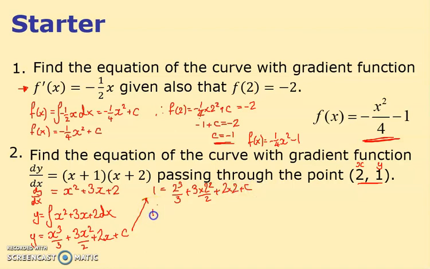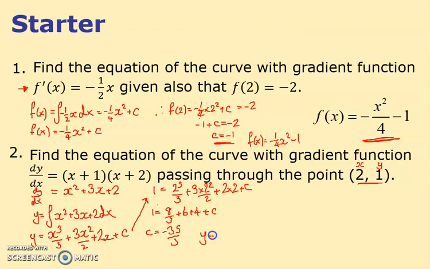So what's that? 1 equals 8/3 plus 6 plus 4 plus c. I'm just going to do that on my calculator, I don't want to make a silly mistake. So I've got 8/3 plus 10 effectively, and I'm going to do 1 minus that answer when I move it over. I get c equals minus 35 over 3, which isn't very nice, is it?